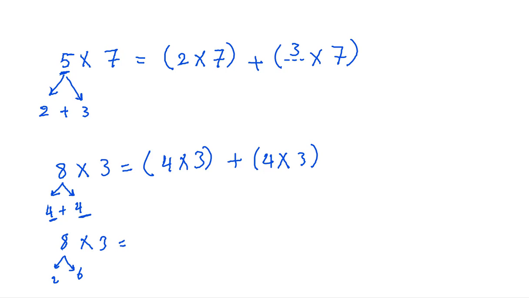This is because 8 equals 4 plus 4, and we do not change the 3. In the second one, we have 8 equals 2 plus 6, so we can say 2 multiplied by 3 plus 6 multiplied by 3. So always we have one factor we do not change, and we just break only one factor.